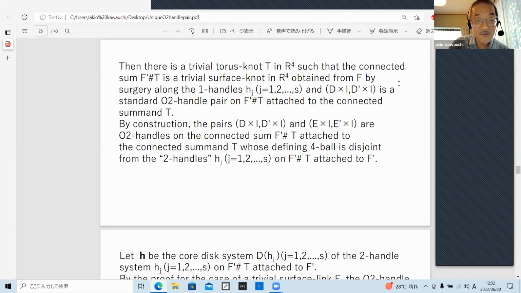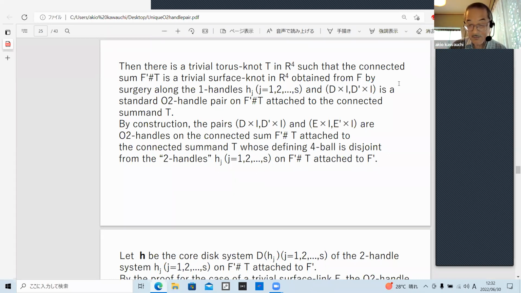So that means one handle on F, but here is a two handle, just changing the one handle, here it's a two handle on F dash connect sum T. And this HJ is a two handle on F dash sharp T attached to F dash, and HJ is disjoint from the defining four ball surrounding T.